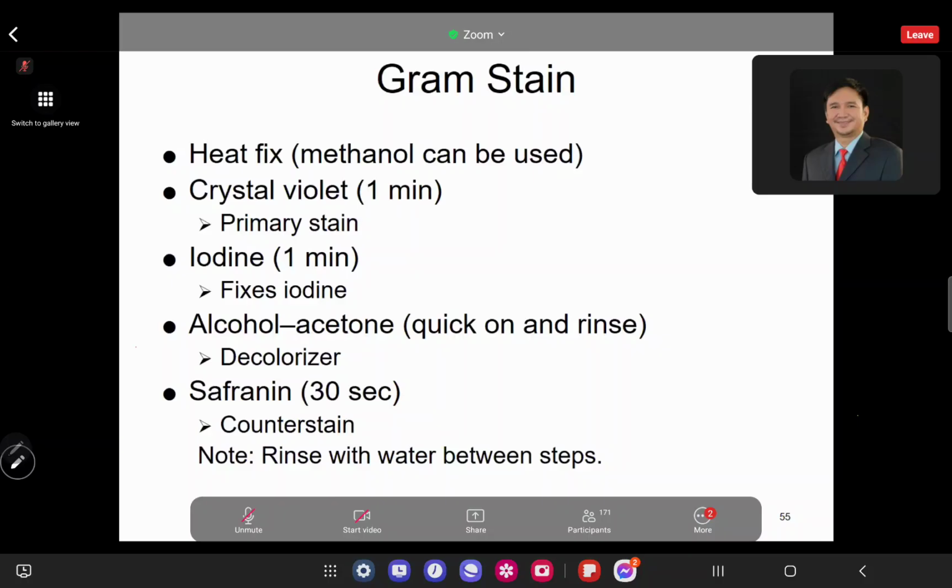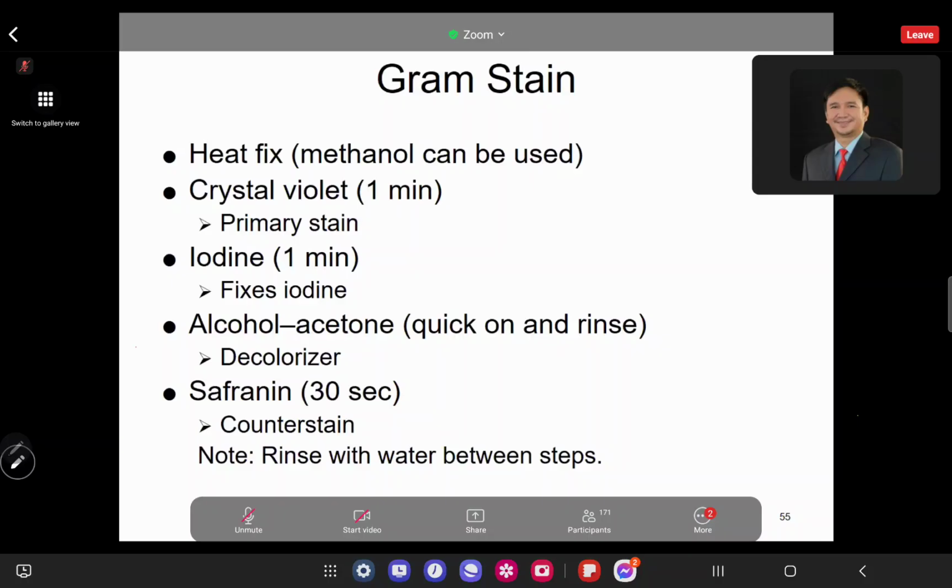Next is your alcohol acetone or ethyl alcohol. It will remove the primary stain, but because of the thick peptidoglycan layer, the crystal violet will stay in the cell wall of gram-positive bacteria. If it's gram-negative, the crystal violet is decolorized, so it becomes colorless until you apply the secondary stain or counterstain known as safranin for 30 seconds.